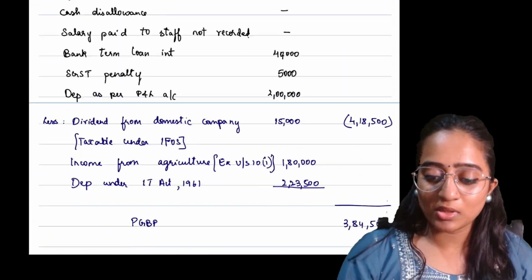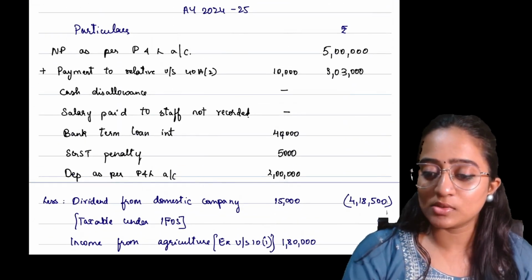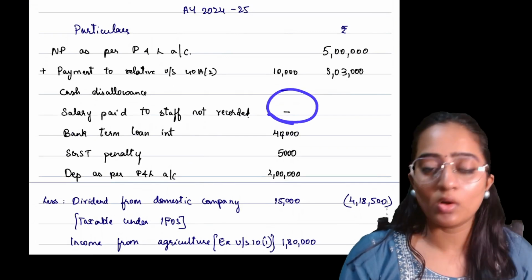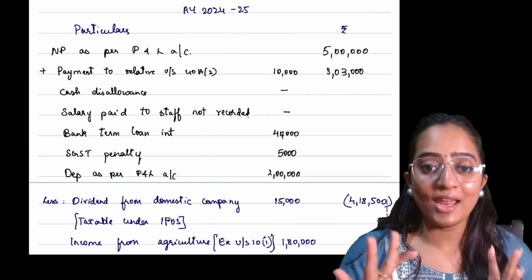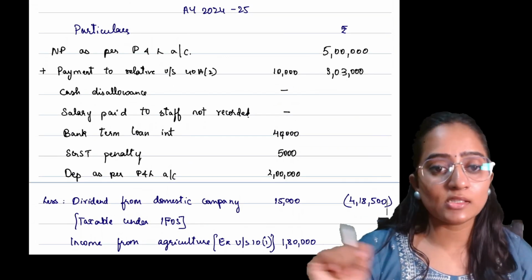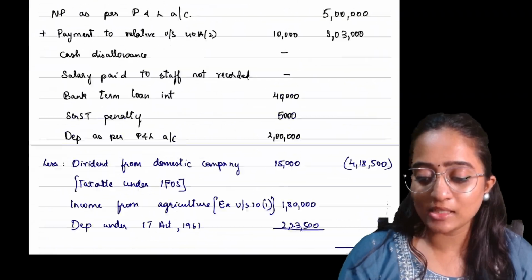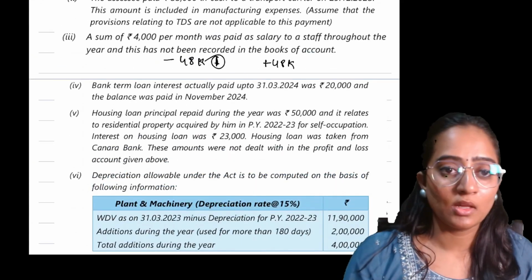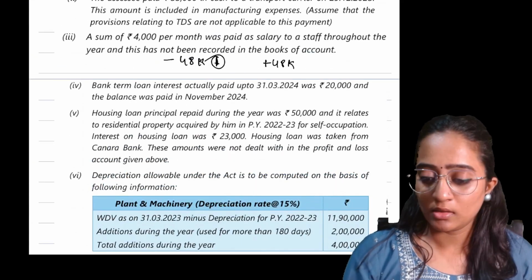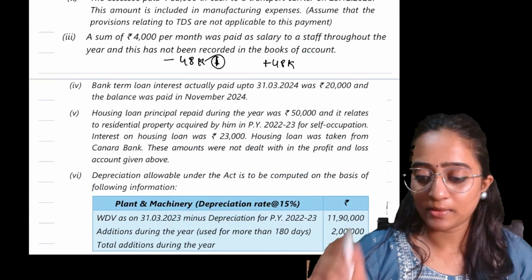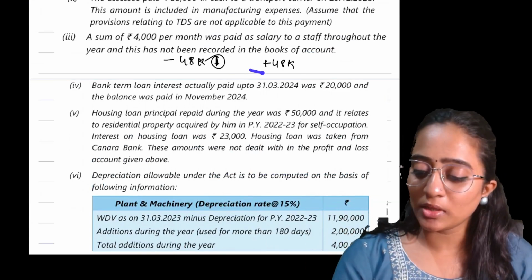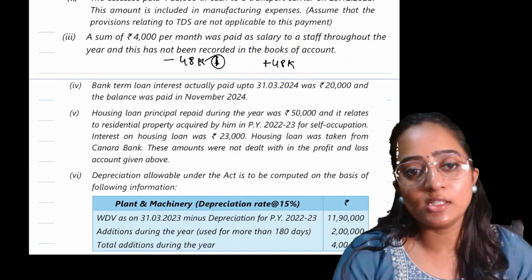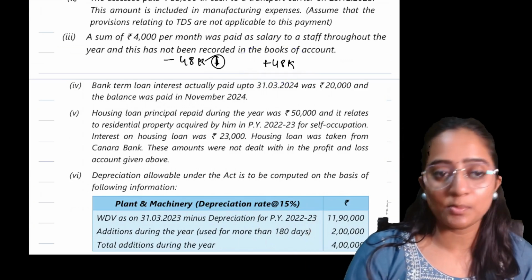So we have assumed that this 48,000 is to be considered as undisclosed sources of income. Clear? Understood? Great. This 48,000 will be considered as your undisclosed sources of income and it will be taxed separately.